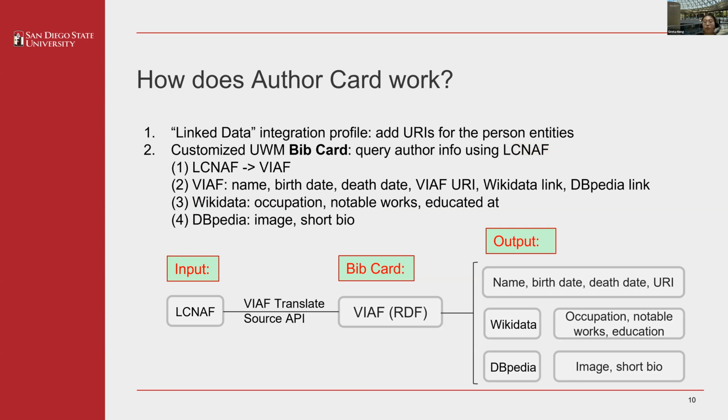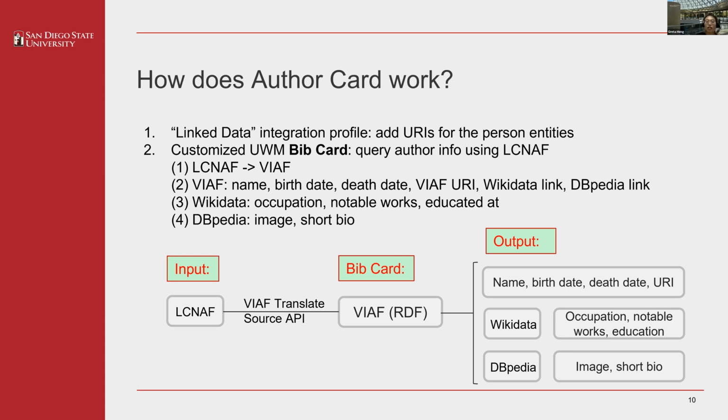I found that bib card is centered around VIAF, not LCNAF. From LCNAF, it uses the VIAF Translate Source API to get the name's VIAF link. Then it grabs information about the author and the person's other name authority links, if there's one in Wikidata or DBpedia, in VIAF. So the author's name, birth date, death date, and VIAF URI are from the VIAF RDF file.